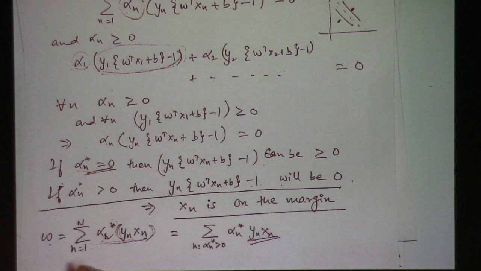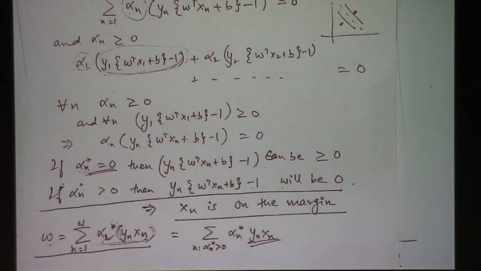But here, the point I want to make is that, let's say you ran your QP solver, and let's say you had 1,000,000 data points. So now you would get 1,000,000 alphas back. Now, because of this result, you can quickly eliminate all of your alphas that are 0, because they will not help you in finding W anyway.